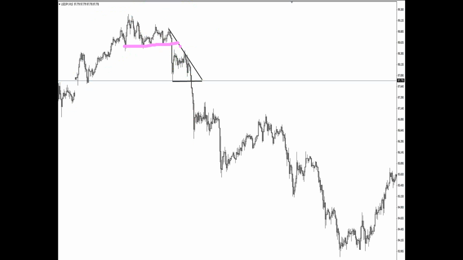So you see how big the move was, because there wasn't any retest. So this is a flat bottom descending triangle. This is usually a sign of continuation.